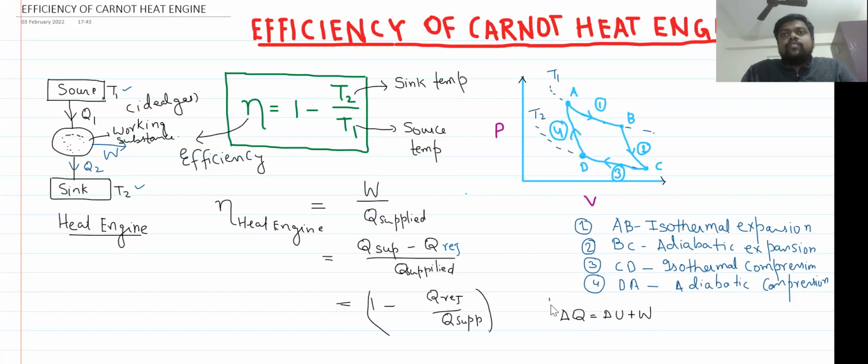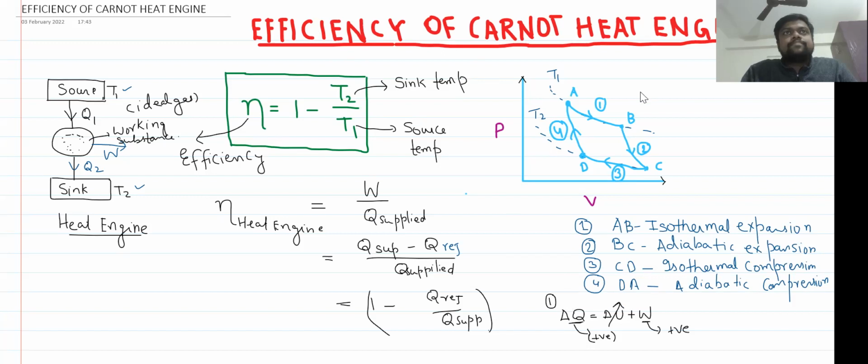So for the first step we are analyzing, delta U will be 0 because it's an isothermal process. So whatever is work done, same will be delta Q here. Work done in AB, since the volume is increasing, is positive. Since delta Q is positive, we can tell that heat will be supplied in this case.